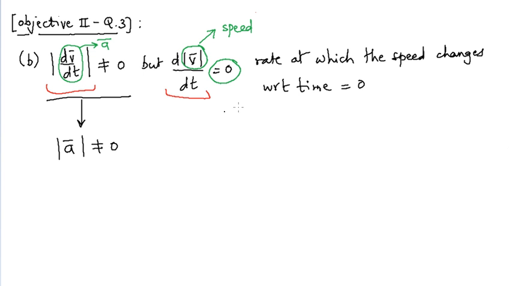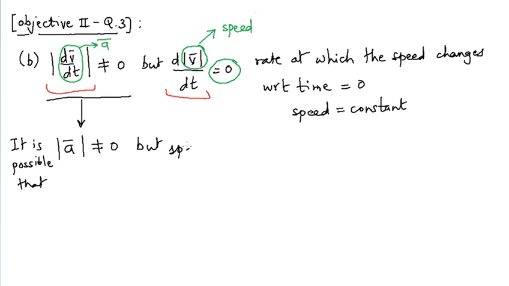Hence this statement in simple language means that the speed of the particle is a constant. So in simple English, the entire statement is, it is possible to have a situation where the magnitude of the acceleration is not equal to 0, but the speed is equal to constant.